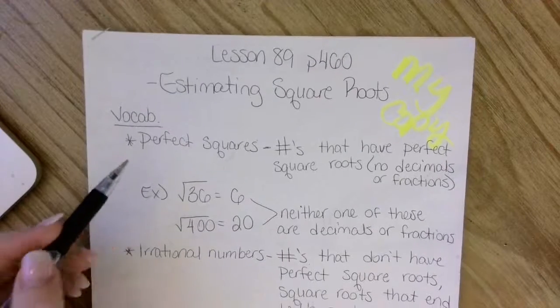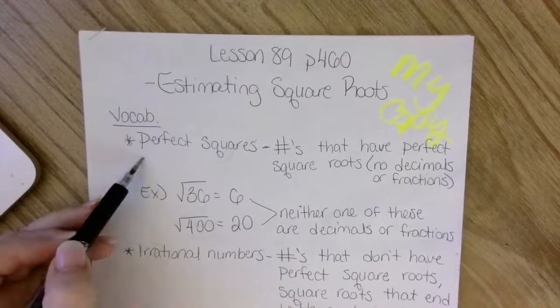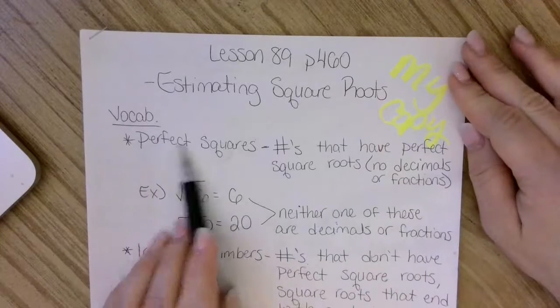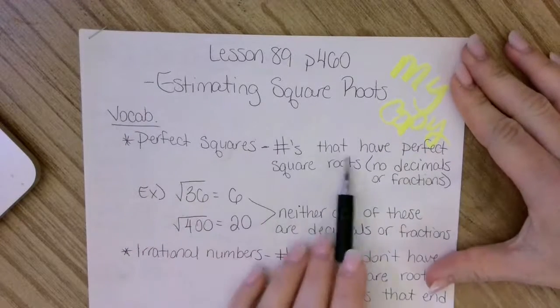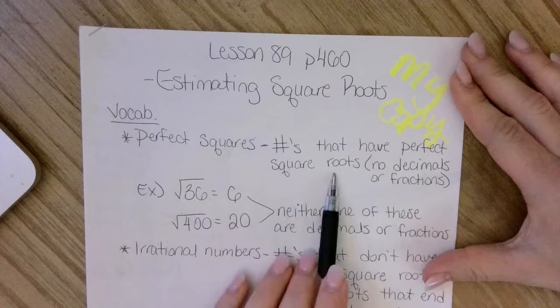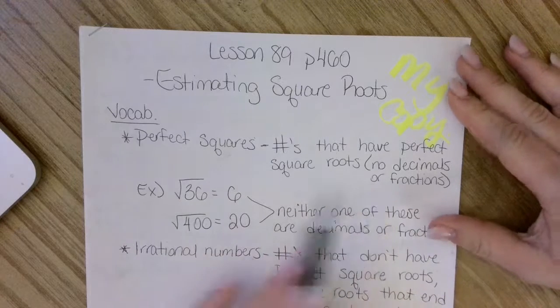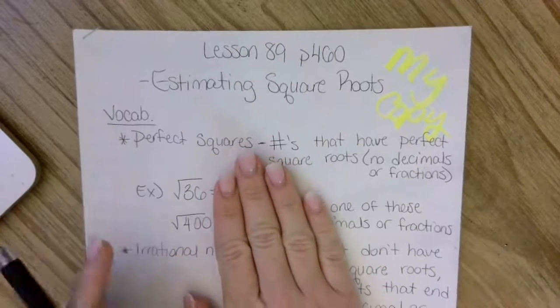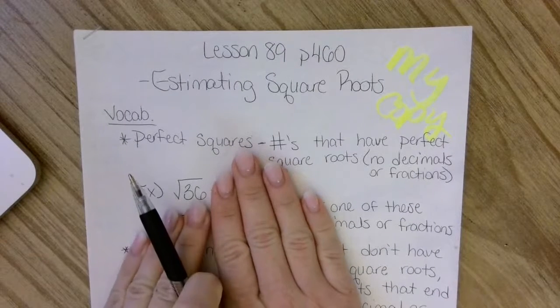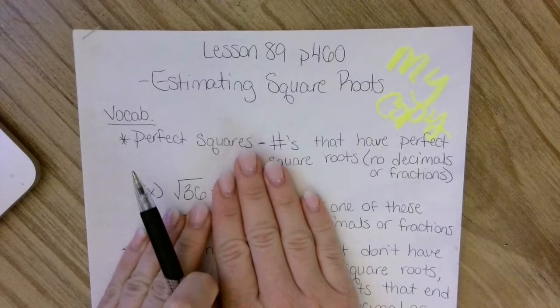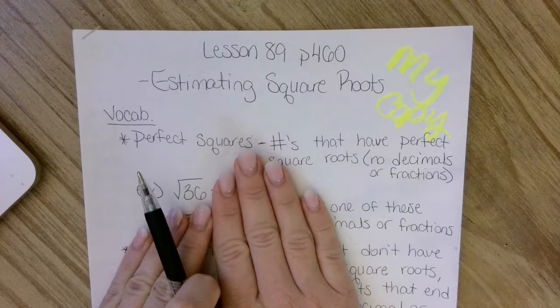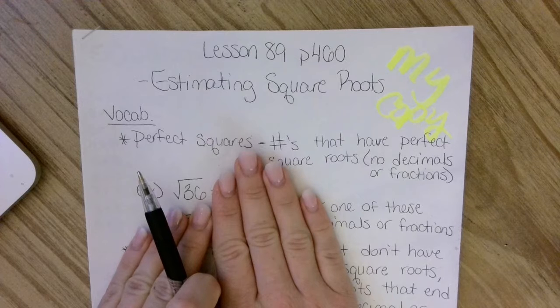So what we've done so far is perfect squares. Just as a reminder, perfect squares are numbers that have perfect square roots, no decimals or fractions. So if I was to look at the square root of 36, to get the answer, it is going to be a number multiplied by the same number to get 36.